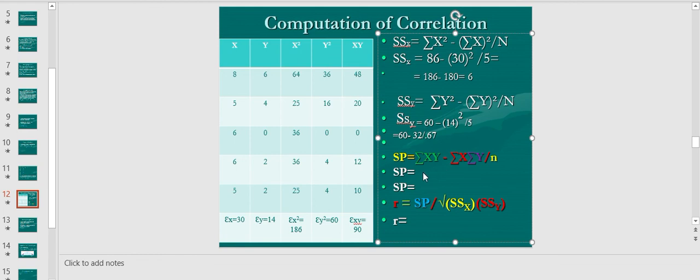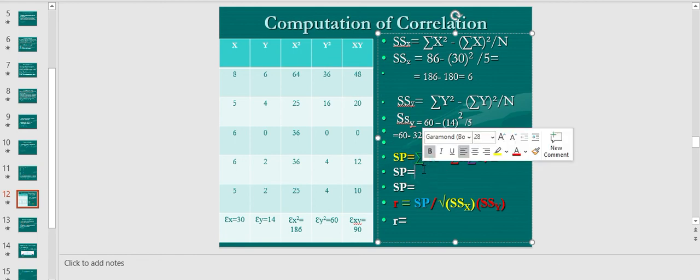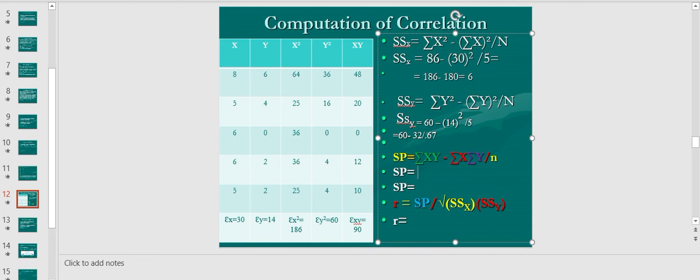Now we calculate the variability which both x and y variables jointly contribute. Okay, summation xy is 90 minus summation x, which is 30, and summation y, which is 14, and it will be divided by 5.